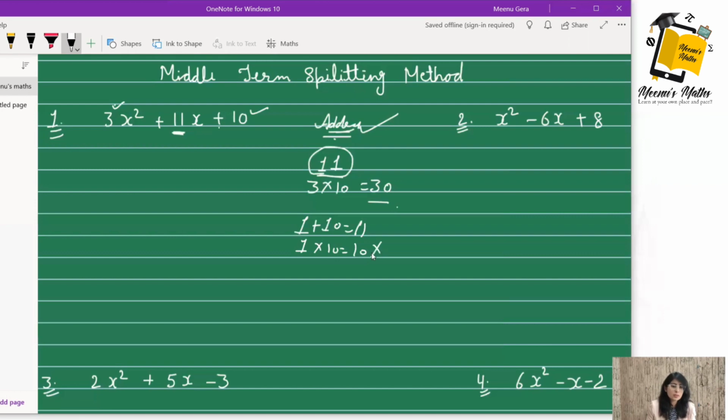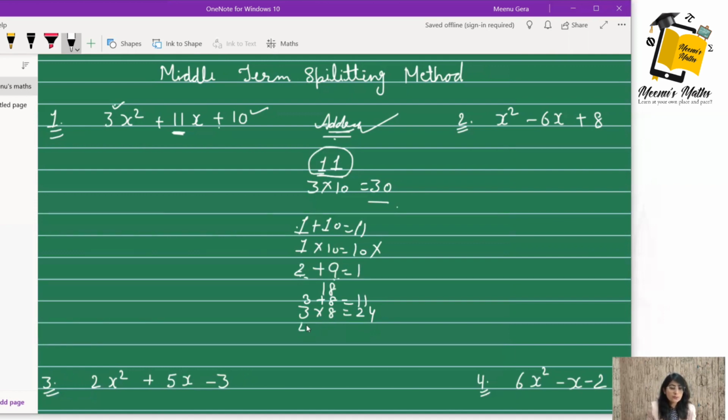This is not the answer. After 1, go to 2. 2 plus 9 is 11, but 2 nines are 18. That's not perfect. Next, 3. 3 plus 8 is 11, but 3 eights are 24. That is not the answer.